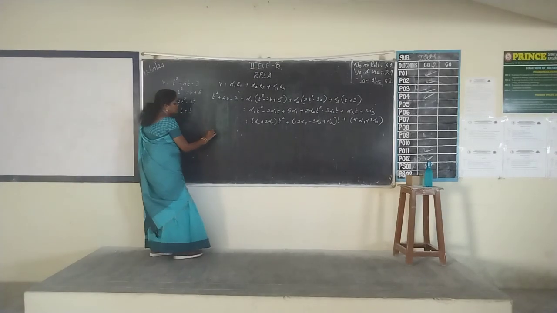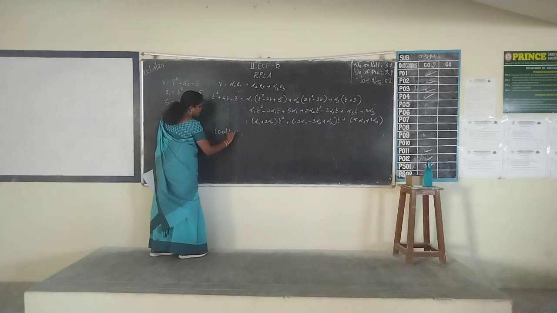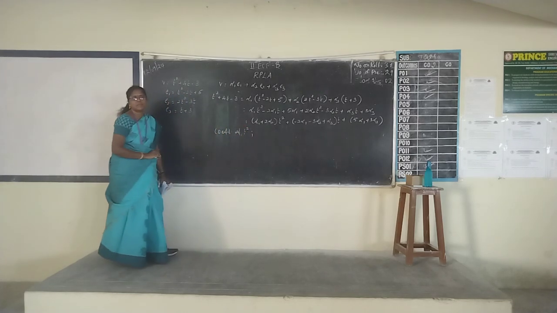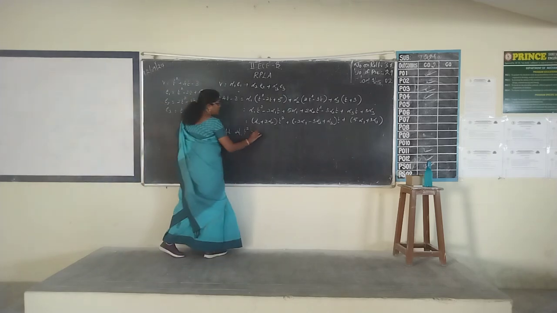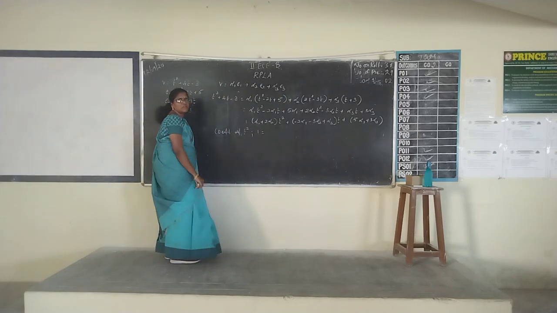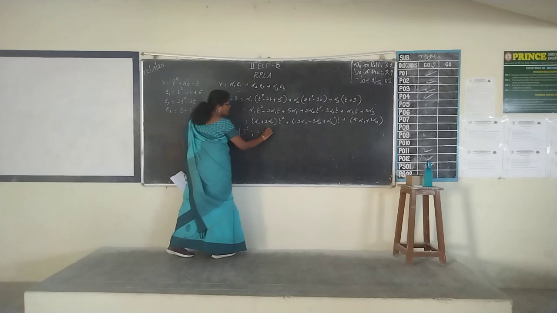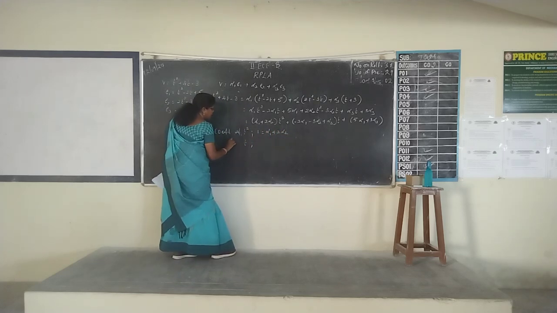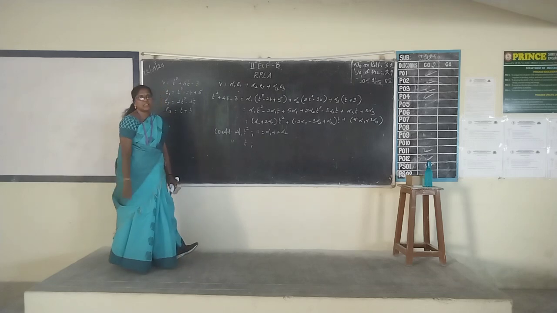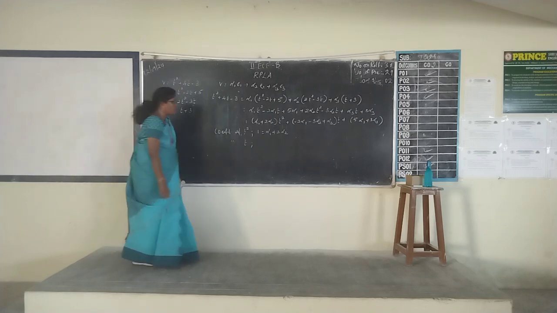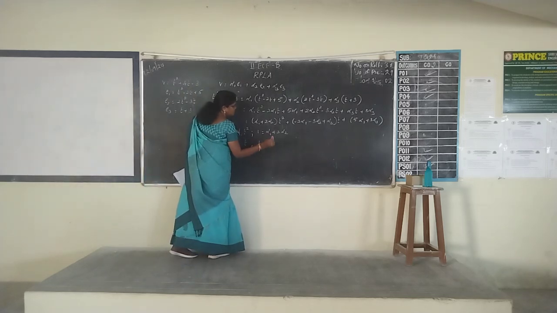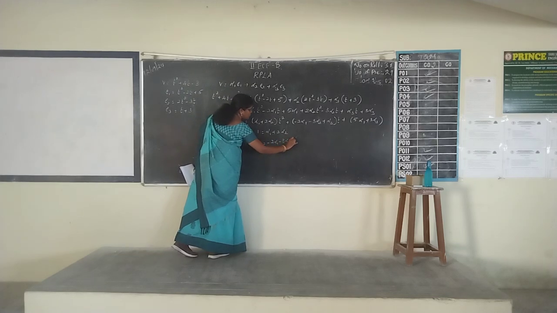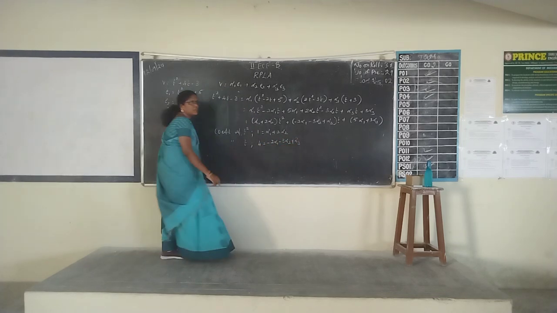So compare the coefficient of t square. Left hand side, what is the coefficient? 1. So 1 equal to, right hand side, what is the coefficient? Alpha 1 plus 2 alpha 2. Next, compare the coefficient of t. Left hand side, what is the coefficient? 4. Right hand side, minus 2 alpha 1 minus 3 alpha 2 plus alpha 3.